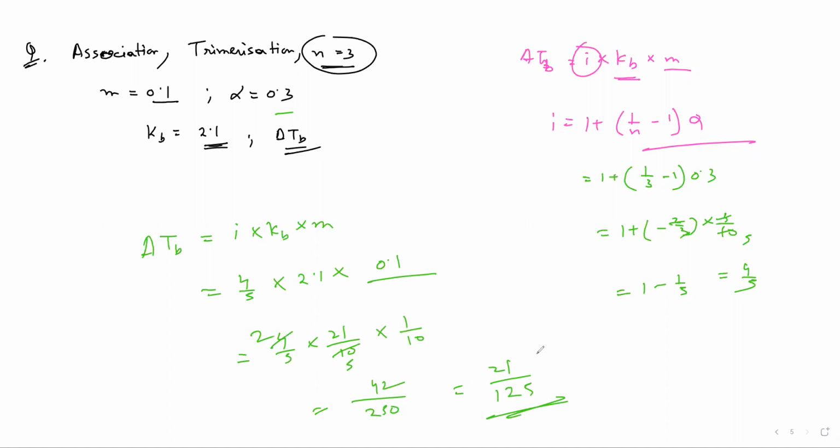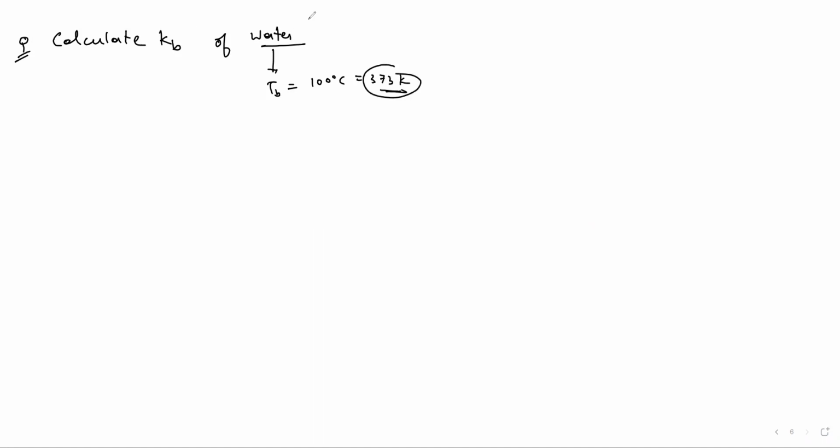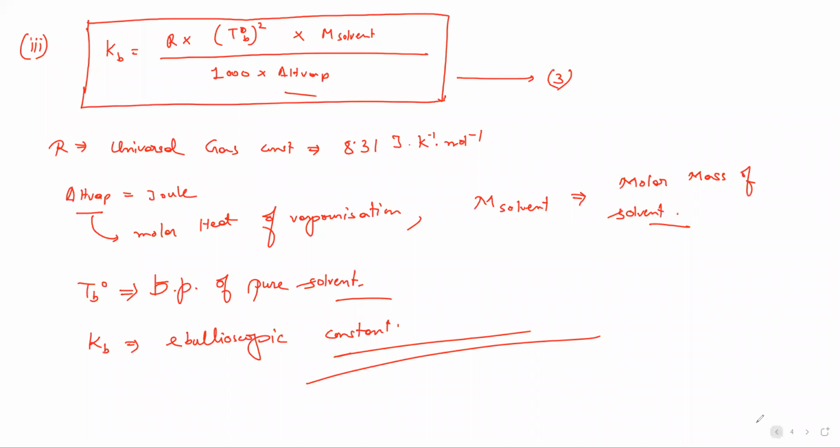Is it clear? Any doubt regarding this part? Tell me. Okay, going to the next question. Another 4 questions left. Calculate Kb of water. Now, for the water case, you have to remember the boiling point is 100 degree centigrade or 373 Kelvin. In maths, you can write only 373 Kelvin. Latent heat of evaporation, which one is latent heat of evaporation?